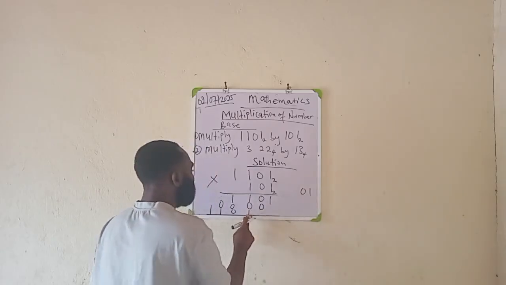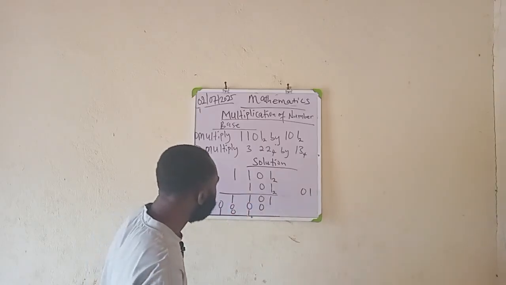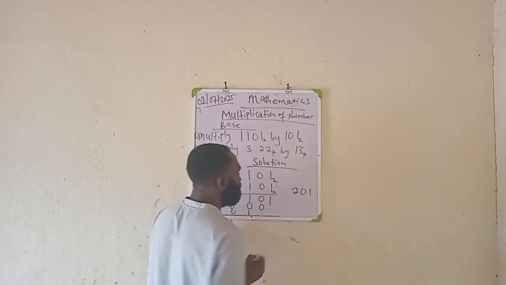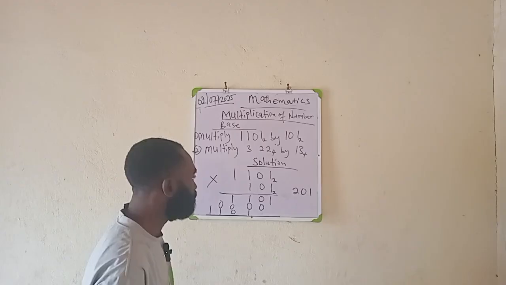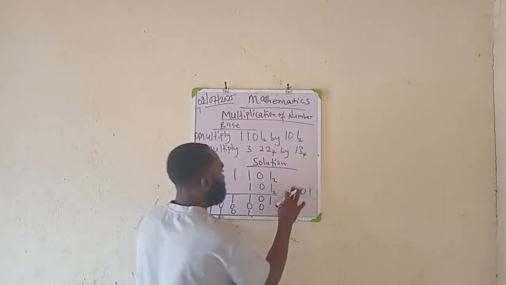You cannot have 2, because 1 plus 0 plus 1 is 2, and you cannot have 2 like this when dealing with base 2. So what you have to do, you have to divide it.